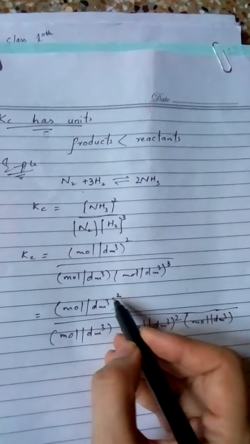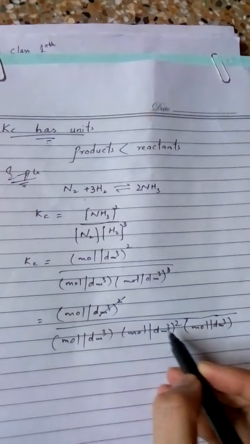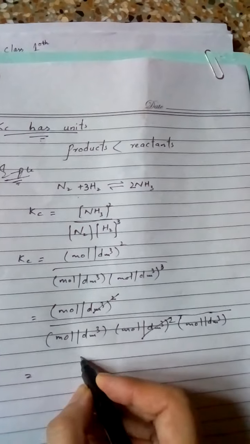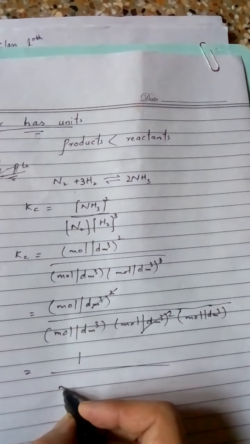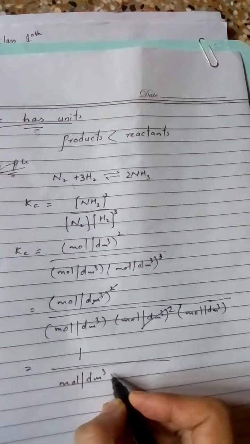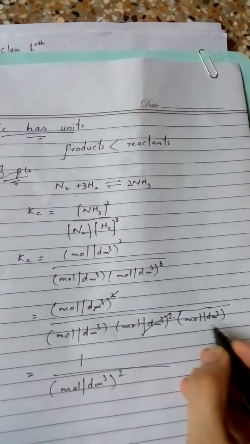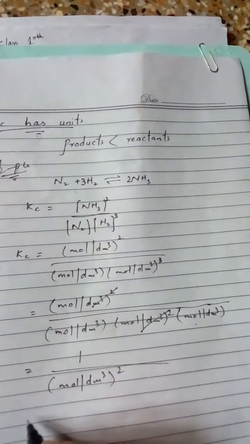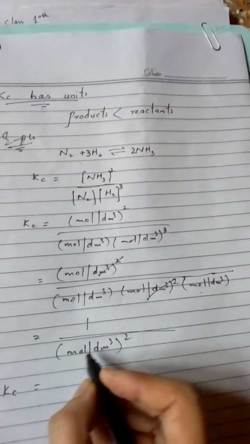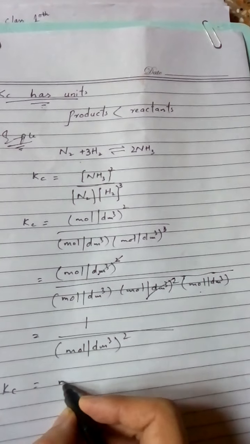So here the mole per decimeter cube whole square cancels the mole per decimeter cube whole square. The unit which is left over is 1 over mole per decimeter cube whole square. So in this case Kc also has the unit 1 over mole per decimeter cube whole square.